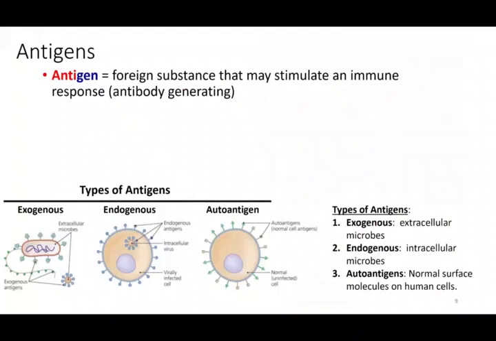Okay. So we've talked about antigens. As I mentioned, it's a foreign substance, or I think I've used the term molecule, so that works too. I've often said it's a surface molecule. It doesn't have to be, but that's a fairly common location, and it may stimulate an immune response.